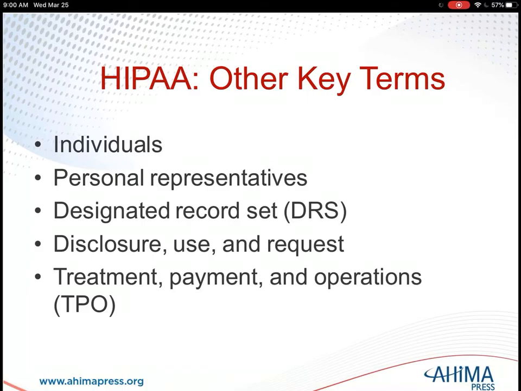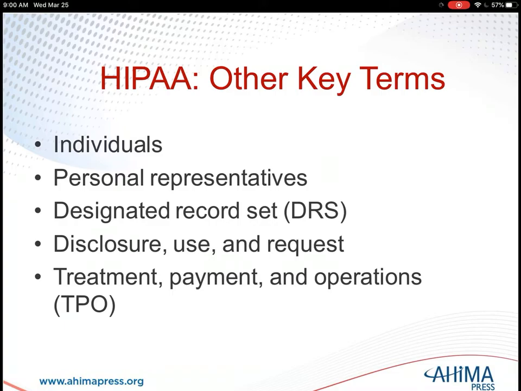So some of those conditions that we talked about in the past, if they're going in and getting treatment for an STD, or for drug abuse or alcohol abuse related treatment, then they can consent for their own treatment. At that point, parents are not personal representatives.